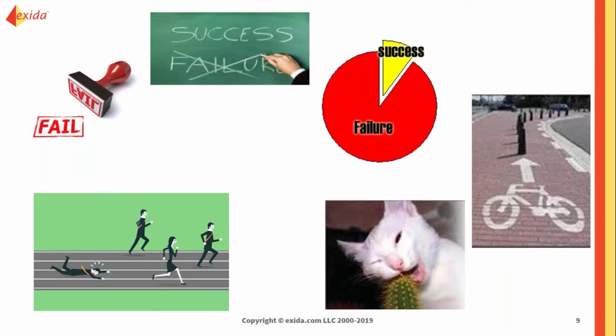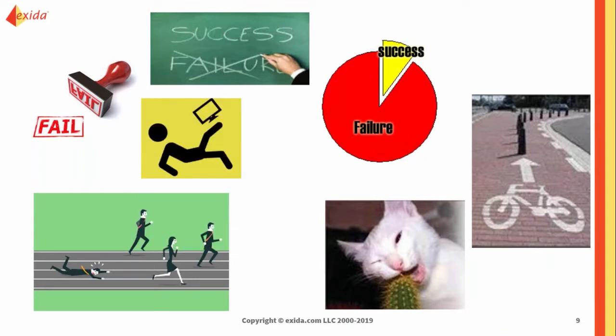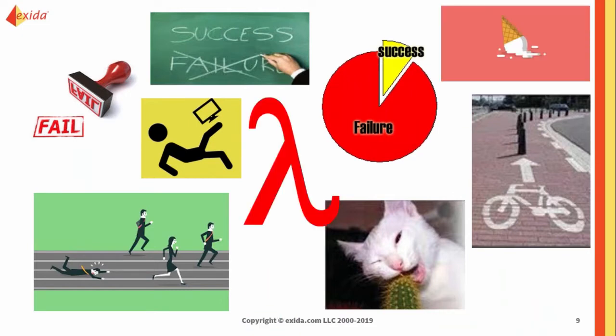There are even failure rates for no effect failures or annunciated failures. Failure rates are often expressed in terms of the Greek symbol lambda. That's the big red symbol in the middle if you're not familiar with it. And it's usually referred to in the unit of measurement called FITs. And we'll talk about what a FIT is coming up.